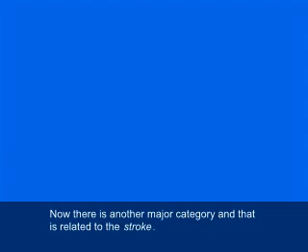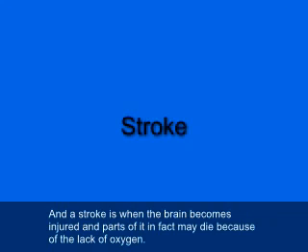Okay, well, those are some basic diseases, disorders related to the brain. Now, there's another major category, and that is related to the stroke. A stroke is when the brain becomes injured and parts of it, in fact, may die because of a lack of oxygen.